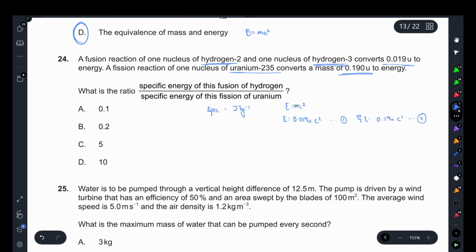The specific energy is the energy, 0.019 u times c squared, divided by the mass. This is deuterium, H-2,1 and tritium, which is H-3,1. So the total mass is 2 plus 3, which is 5, whole divided by 0.19 u times c squared divided by 235 u. Now you'll notice that the u cancels out.